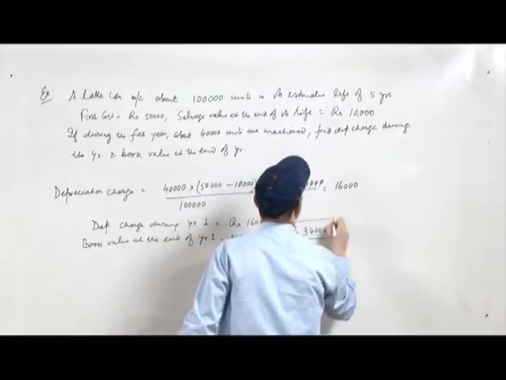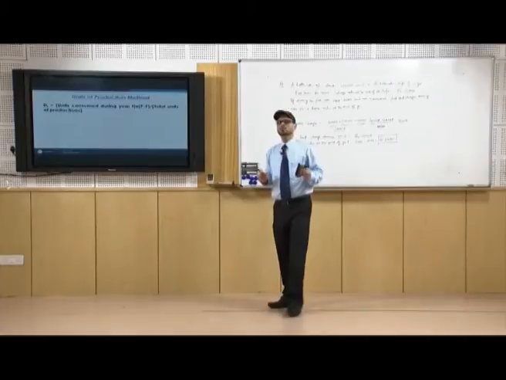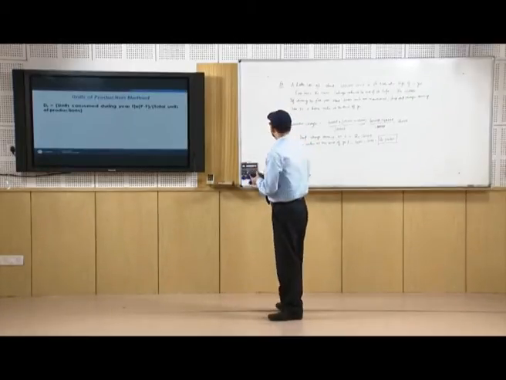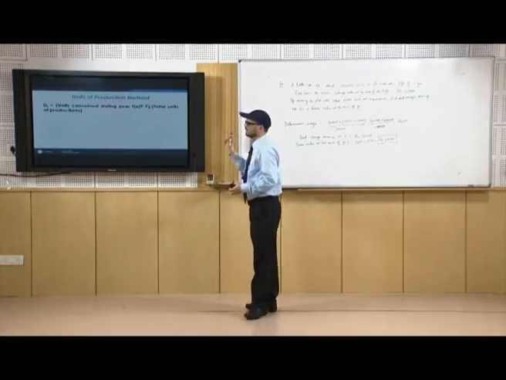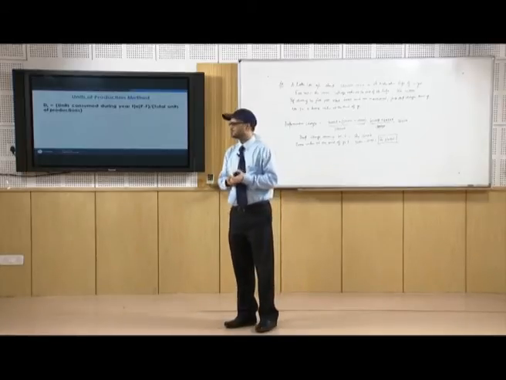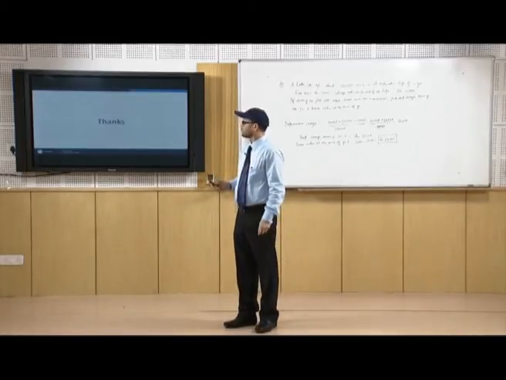So, this 34,000 will be the book value of the asset. That is how you calculate the depreciation charge by the units of production method. Thank you.